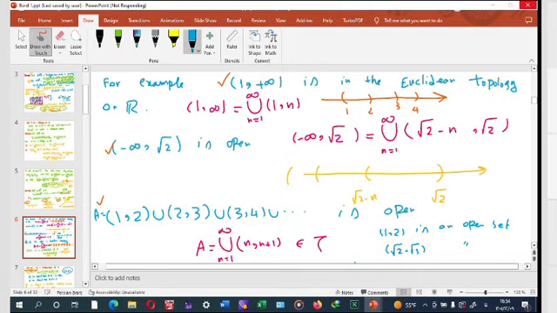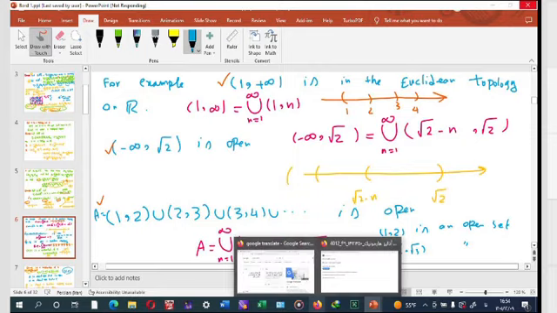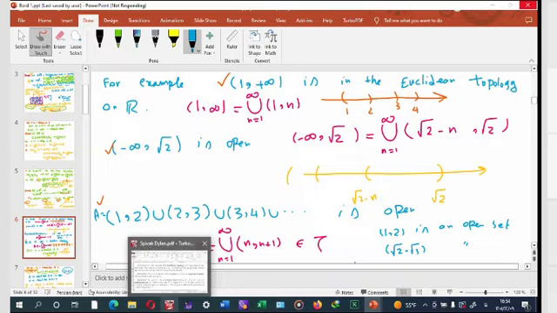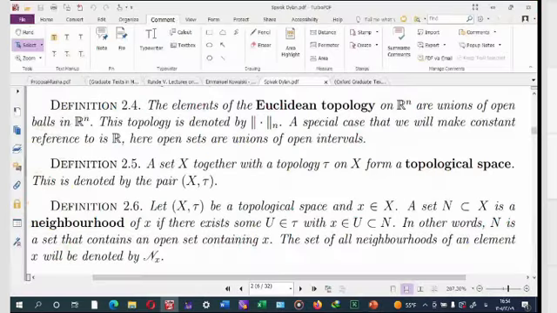And also we have the definition of neighborhood.